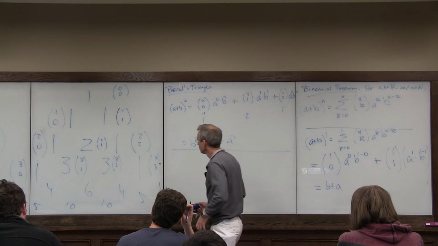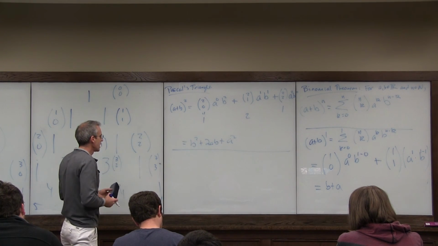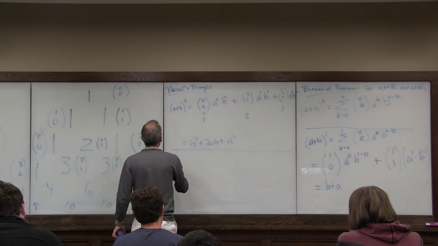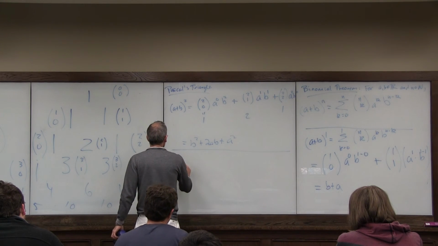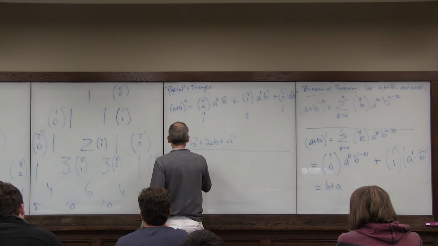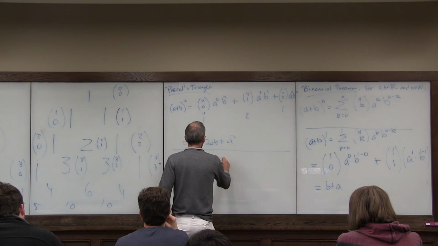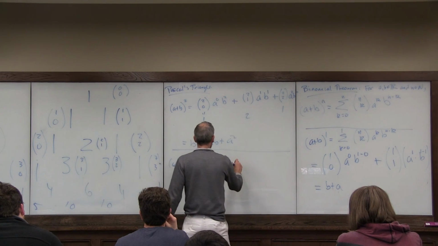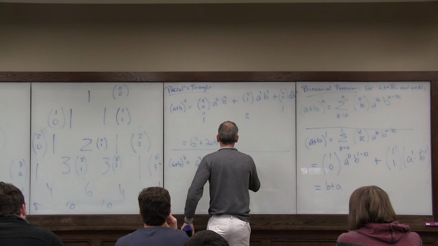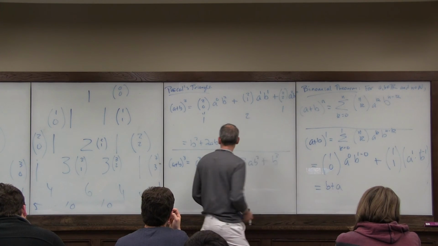Okay, and now you see, you can start to write things down really easily. So if we look at (a plus b) cubed, that's going to be equal to a cubed plus 3a squared b plus 3ab squared plus b cubed.